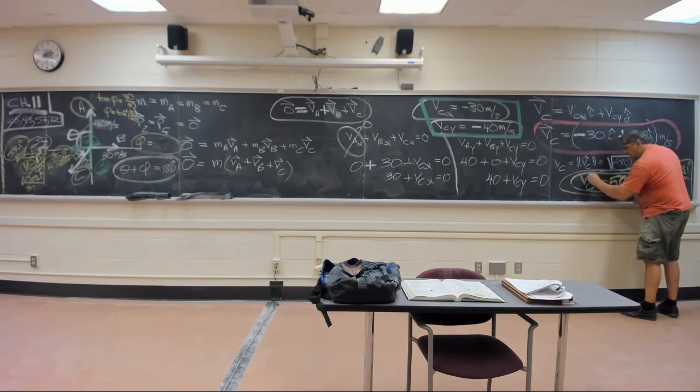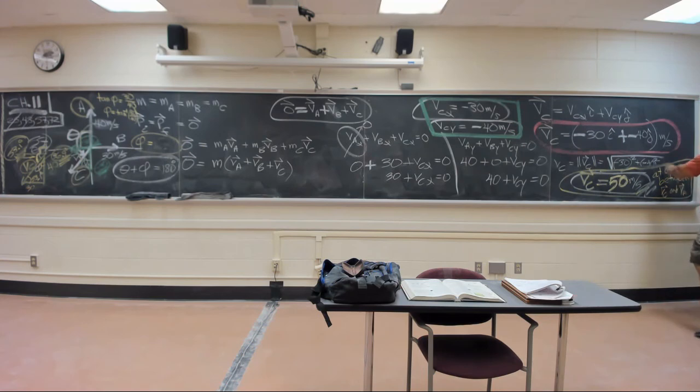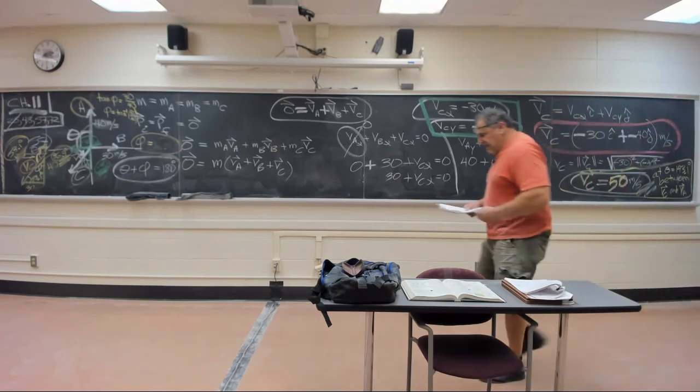VC is that big. You can write it like a vector. VC vector equals 50 meters per second at theta equals 143.1 degrees between the VC vector and the VA vector. You call it a vector even though that's a scalar because you gave a scalar and you gave a direction.